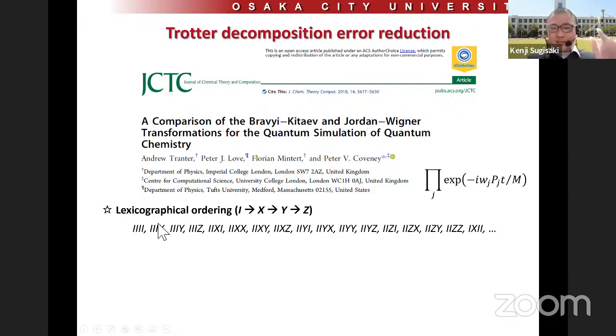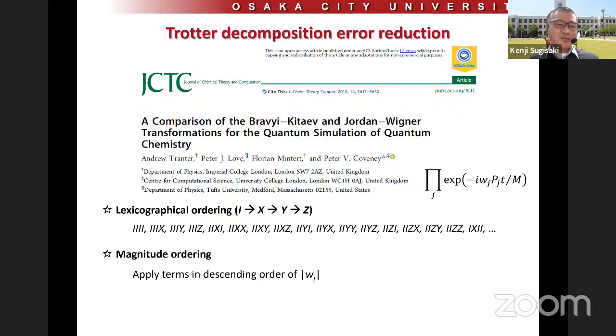In this ordering, the operators are applied from I first, then X, Y, Z. So first we apply I terms, and then X term, and then Y and Z, and XI, IIXX, IIXY, IIXZ, IIYX, IIYY, IIYZ, IIZI, IIZX, IIZY, IIZZ, IXII, and so on. This is a very simple ordering.